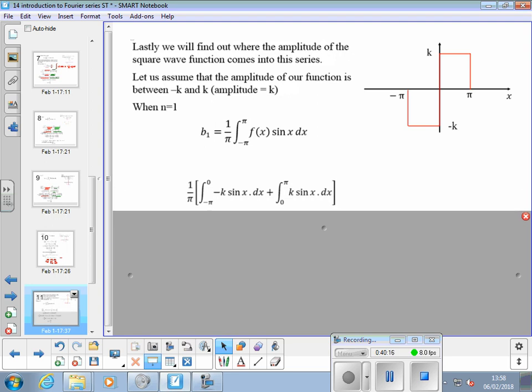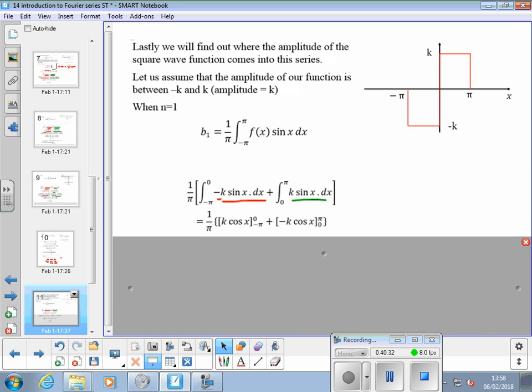And then instead of putting -1 and 1, we put k. So there's the red side, there's the green side, keep it consistent. We've got to integrate those two terms, which I've done there. Everyone agree with the plus and minus signs?